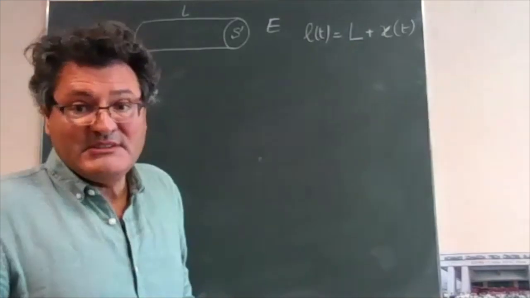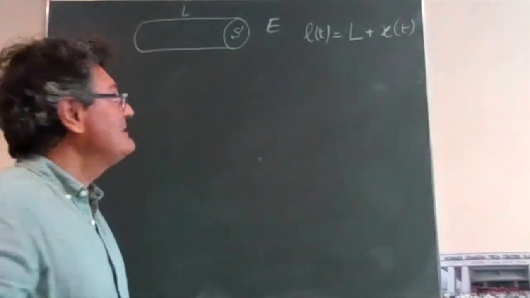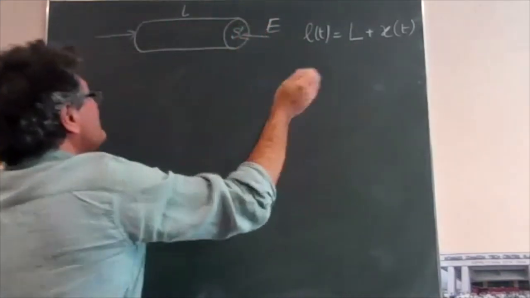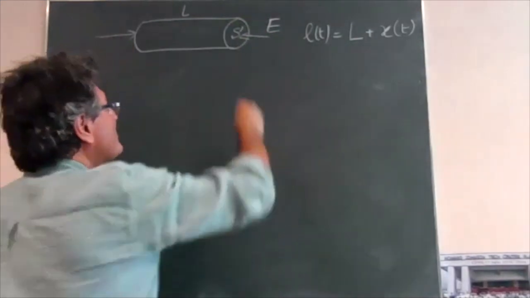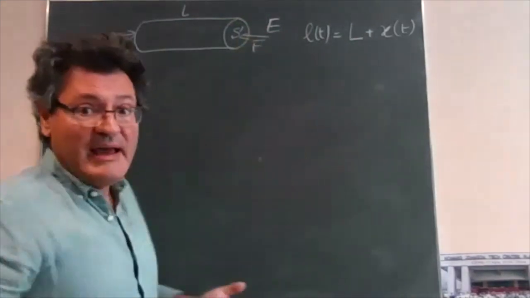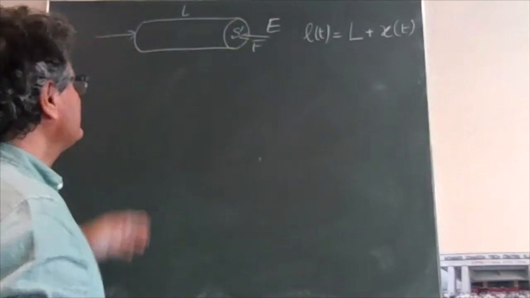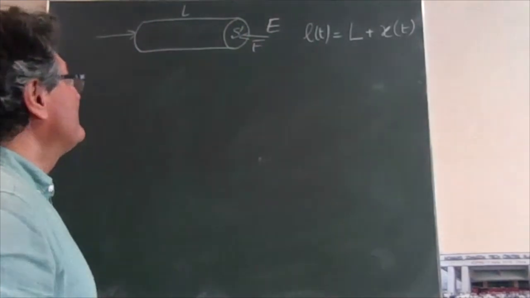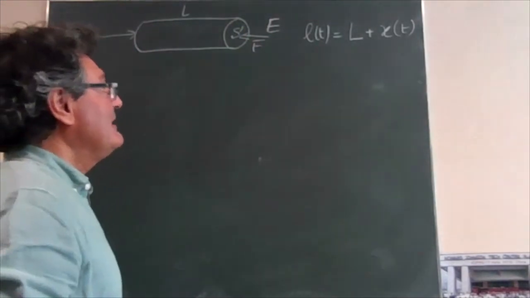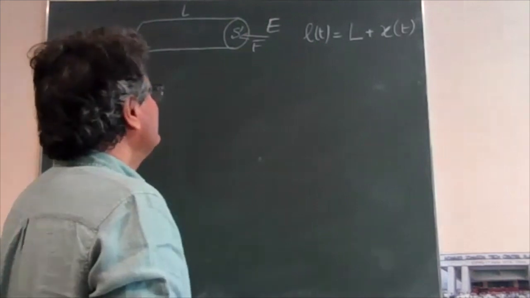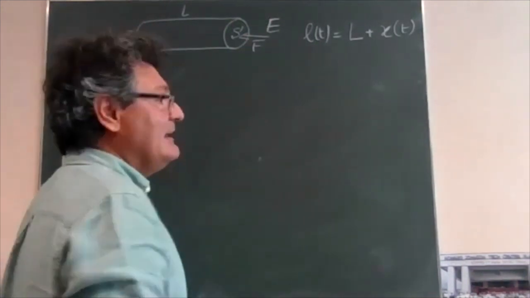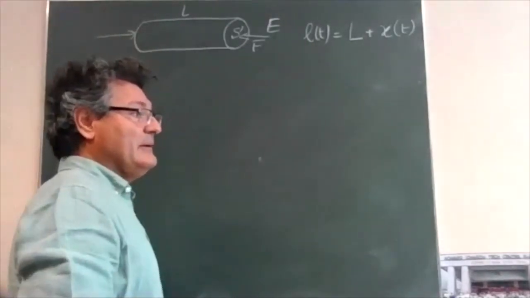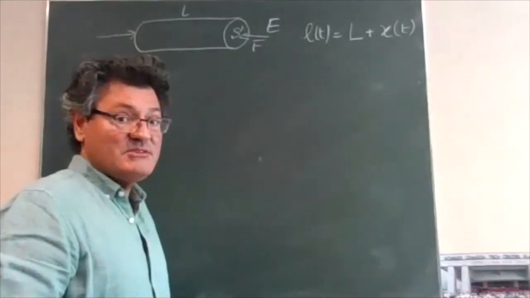So the conjugate quantity is a force, okay? So it's kind of easy, and we should imagine a force applied to both ends, okay? So in this case, the center of mass remains fixed, and so this is the force, and so we can study the dynamics of it.